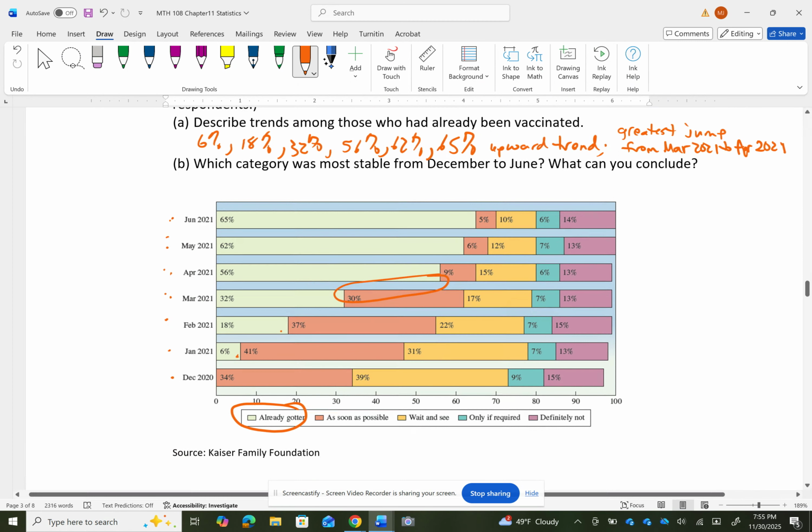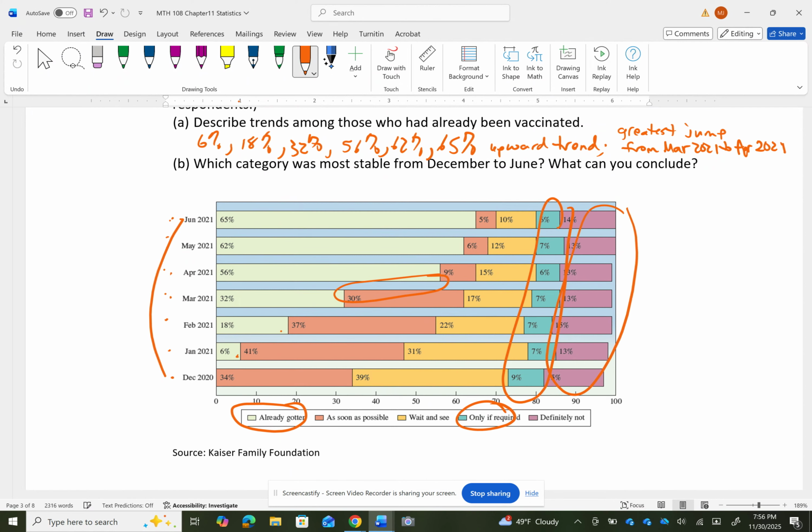All right, now the other question they're asking us that we can answer by just looking at the graph is this one. This says, which category was most stable from December to June? December to June, so from here to here. Which category seemed to remain most stable? If you look at it, that seems to be this category, which is only if required, and maybe that one's pretty stable too.